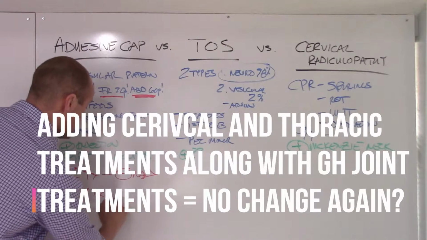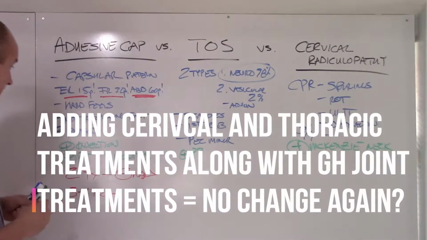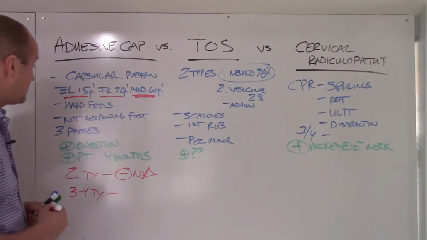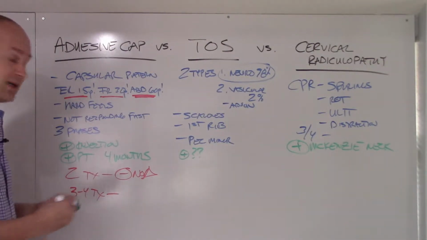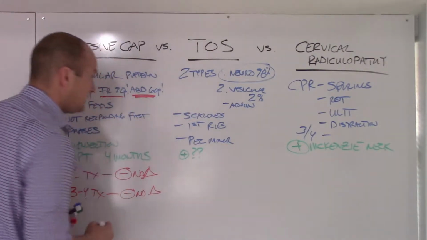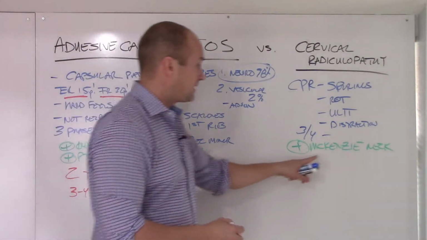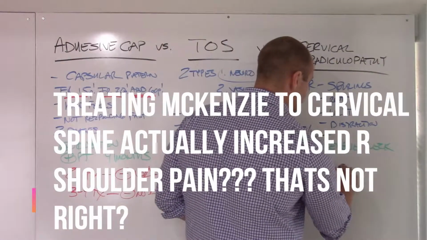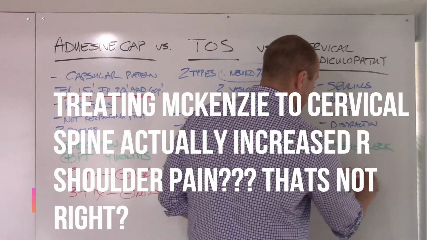some cervical treatments, okay? And the next 2 sessions, I did neck plus shoulder stuff, and I still was not making a change, okay? And when I did McKenzie stuff, I actually increased her shoulder pain, okay?